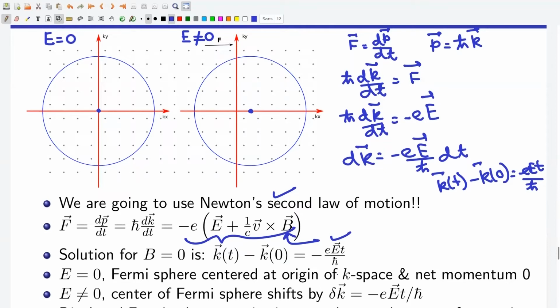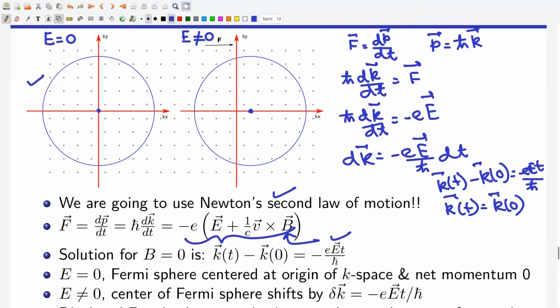So this is what is written here. Assume that E is equal to 0. In that case, k(t) is equal to k(0). If we draw a Fermi sphere in the k space, the Fermi sphere will be centered at the origin. So you look at this diagram.